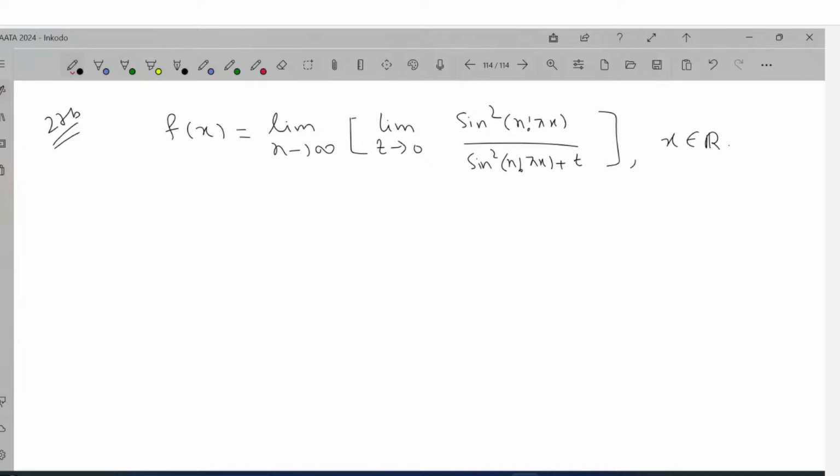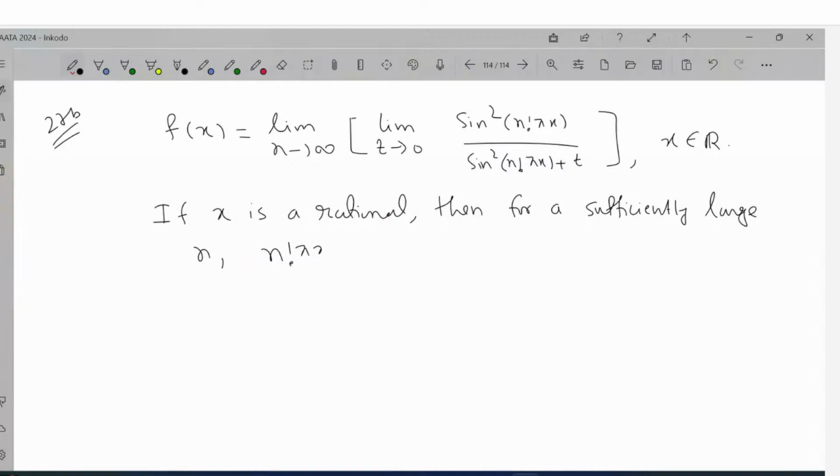So if x is rational, then for sufficiently large n, n factorial pi x will be an integer multiple of pi.